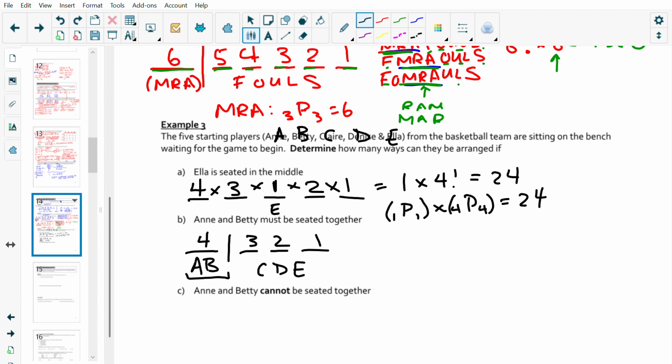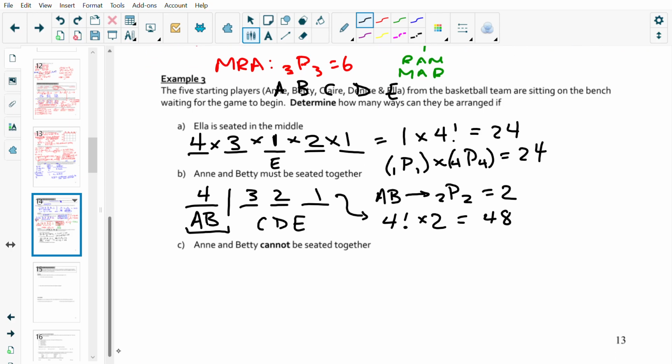So there's 4 times 3 times 2 times 1 arrangements. But AB can be permuted in two ways, right? Two things taken two at a time. So the permutation of two things taken two at a time, and that equals 2. Okay, so that ends up becoming 4 factorial times 2. And that equals 48 different ways.